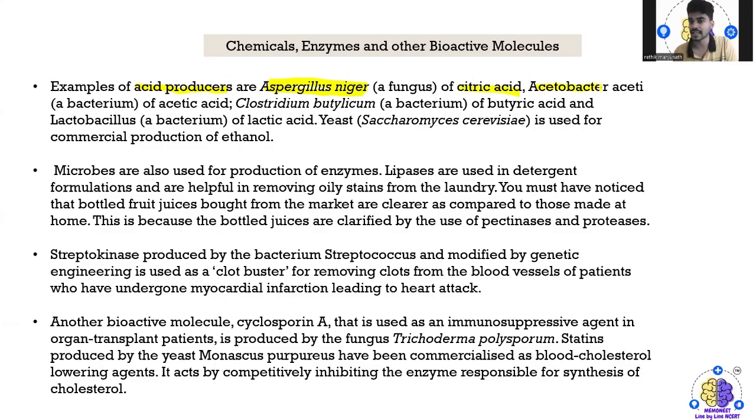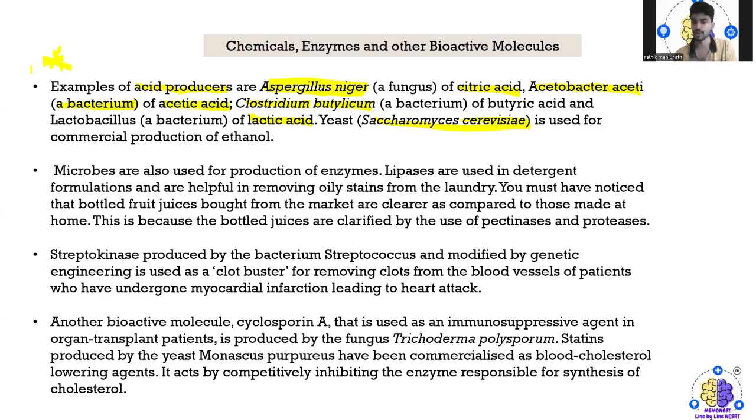Acetobacter aceti is a bacterium which normally produces acetic acid. Clostridium butylicum is a bacterium which normally produces butyric acid. Lactobacillus is a bacterium which produces lactic acid. Saccharomyces cerevisiae is a yeast used for the commercial production of ethanol. This is very important. They can ask you in the match the following type.